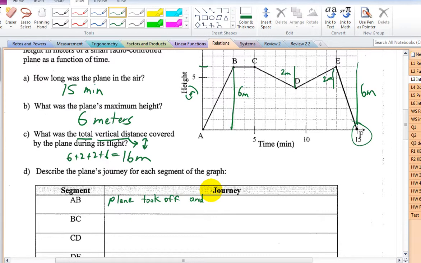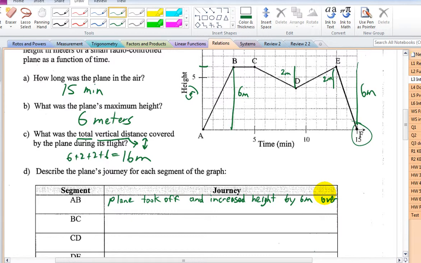Ascended, right? Increased the height, rose, something like that. You've got a whole bunch of English words you can use, not French, English words. So who wants to choose one? Haley. Good. So increased the height by 6 meters over how long?